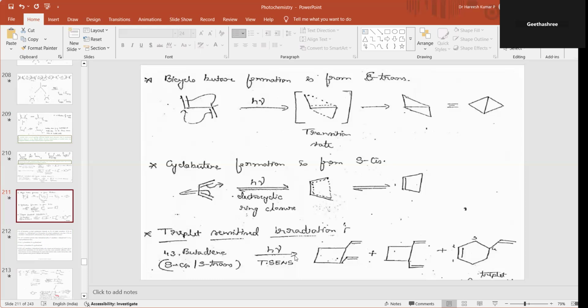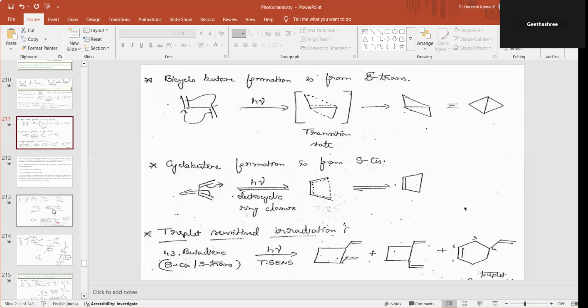These two are related to the singlet excited state. But when it comes to a triplet excited state, the dimerization occurs. That means butadiene irradiation in presence of triplet sensitizer, dimerized products are obtained. In addition to the dimerized product, a cyclized product is also obtained. So here I am taking the mechanism.